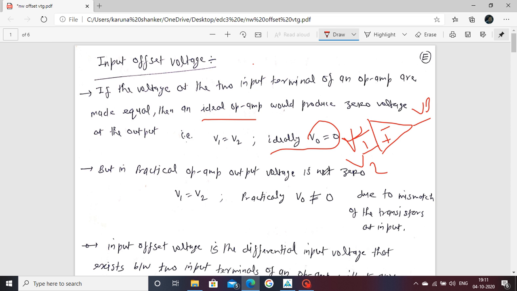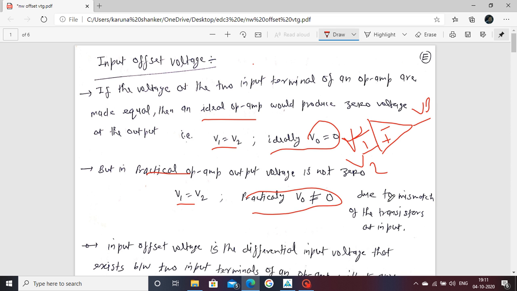Now in a practical op-amp, the output voltage is not 0. In an ideal op-amp we apply the same input and the output is 0, but if we apply the same input in a practical op-amp, the output is not equal to 0.